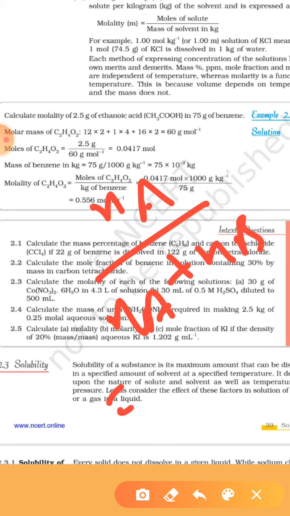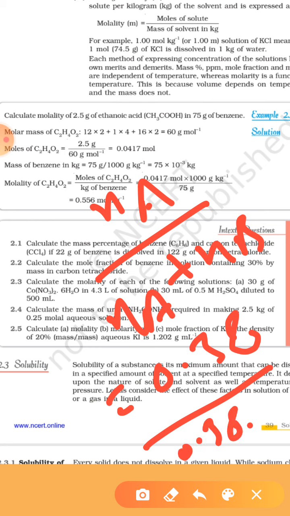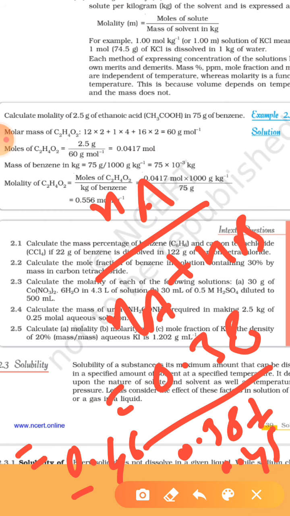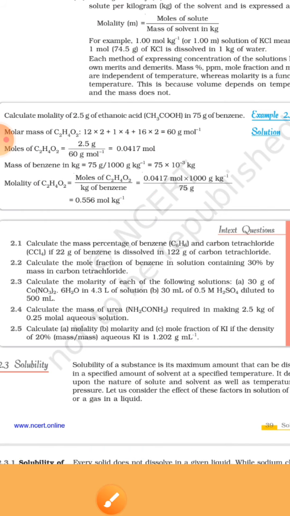It means moles of benzene 0.38 upon 0.38 plus 0.45, which equals 0.46. This is our second question.